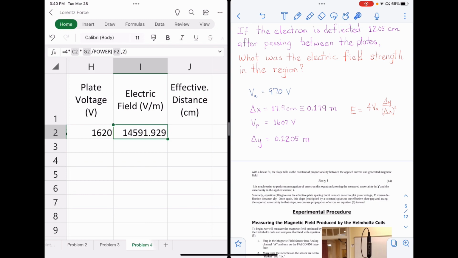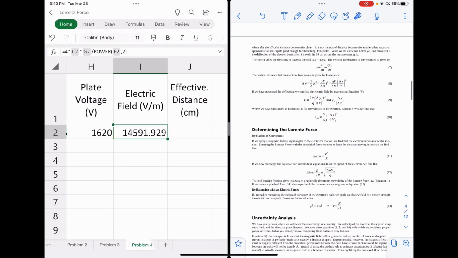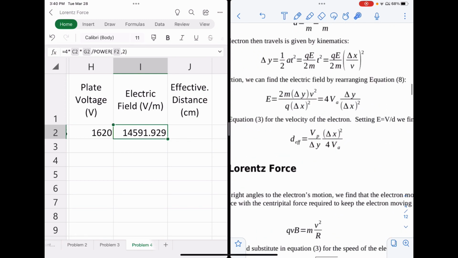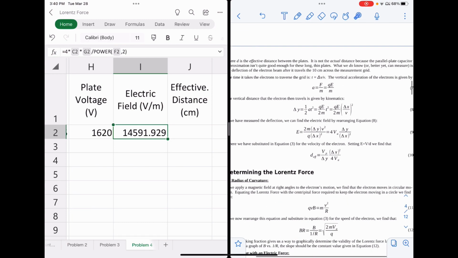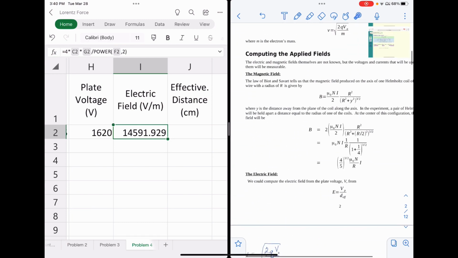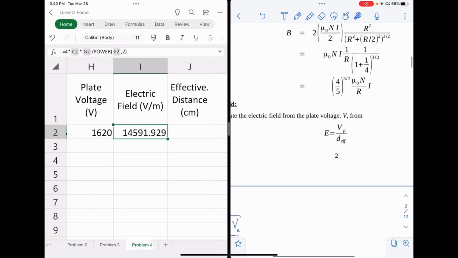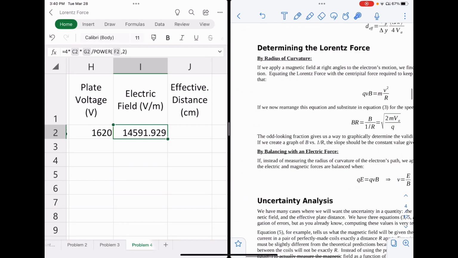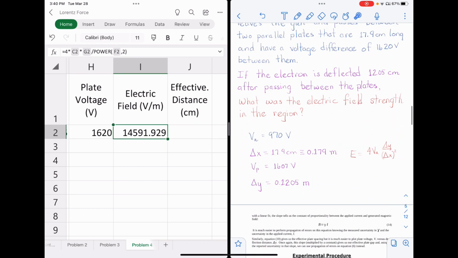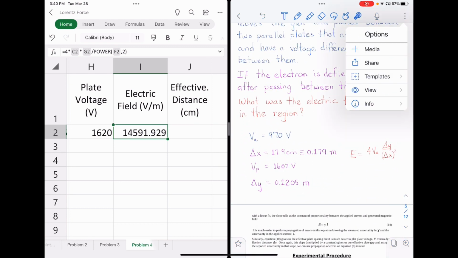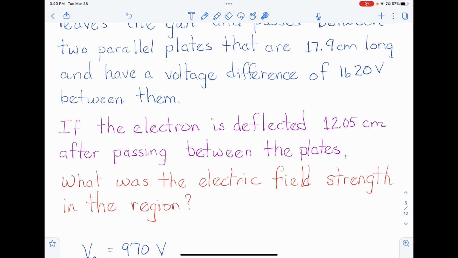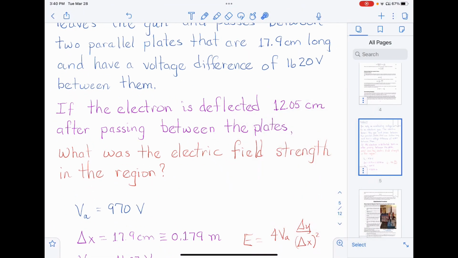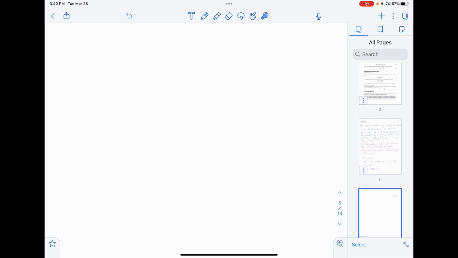And so the effective distance, if I go back to the theory here, let's go up to this equation. It is the plate voltage divided by the, I'll just write that equation down. And let's pop a new sheet in here. So you guys can see that it's pretty easy.